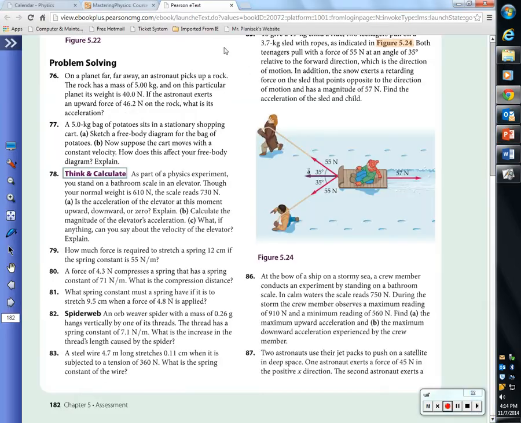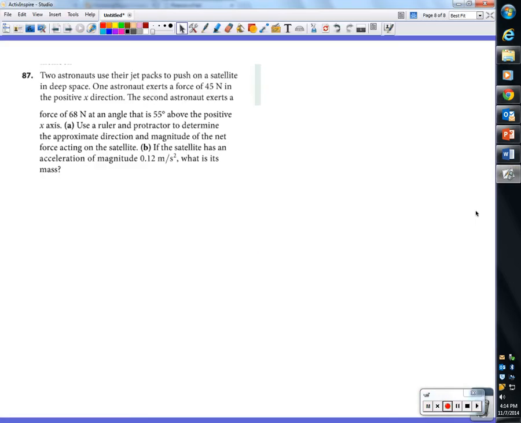All right. So this is page 182, question number 87. It says, 2 astronauts use their jetpacks, common theme today, to push a satellite in deep space. One astronaut exerts a force of 45 newtons in the positive x direction.